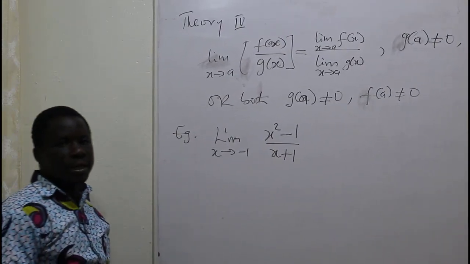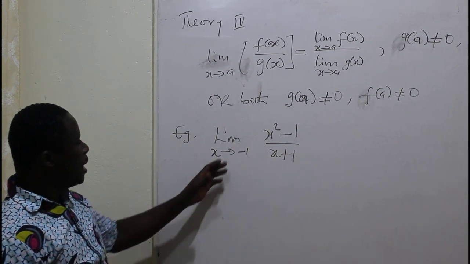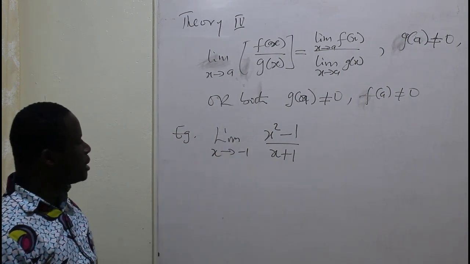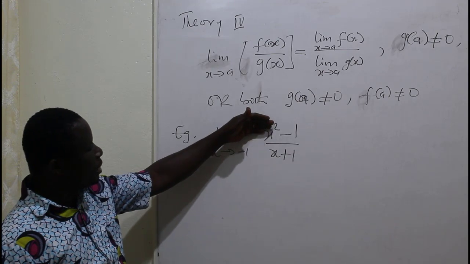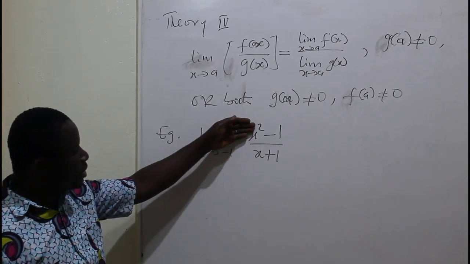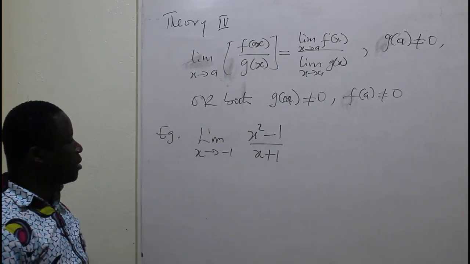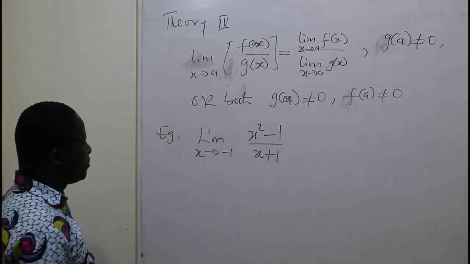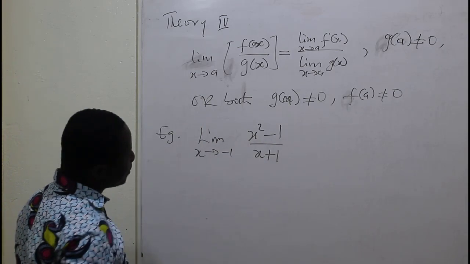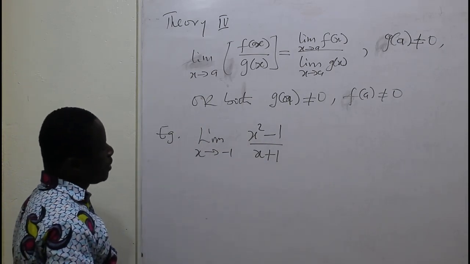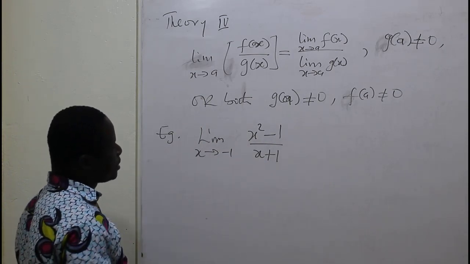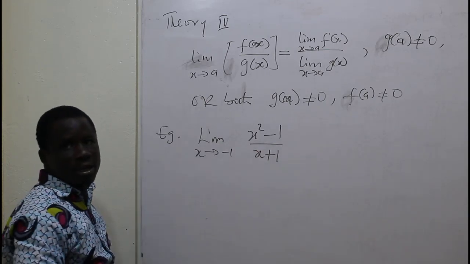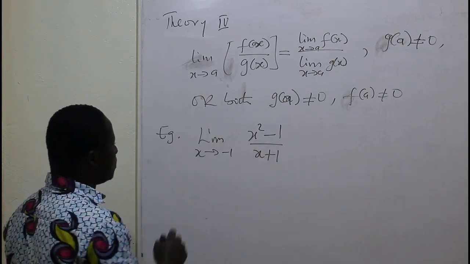As x approaches -1, the numerator will be 0 and the denominator will also be 0, so it is indeterminate. So before you can apply the rule, you apply algebra to simplify: factorize the numerator and see whether you can get a linear factor to cancel that of the denominator.